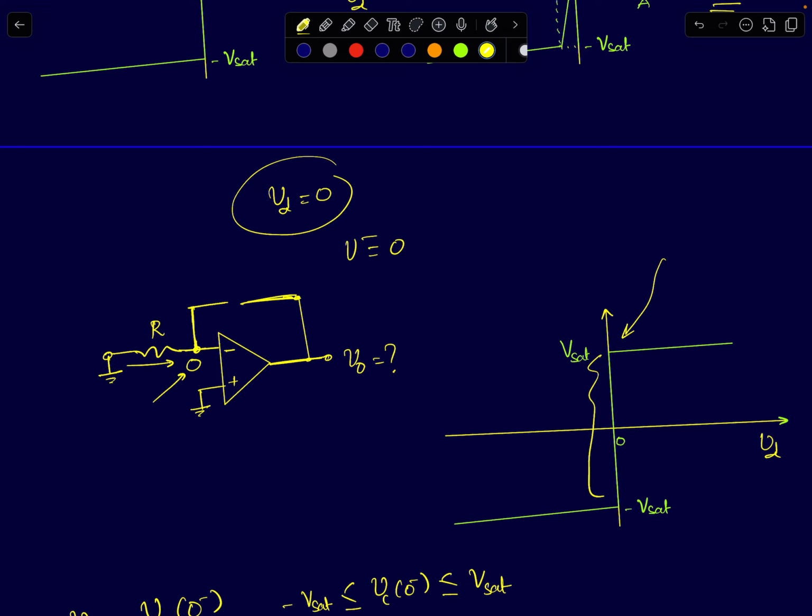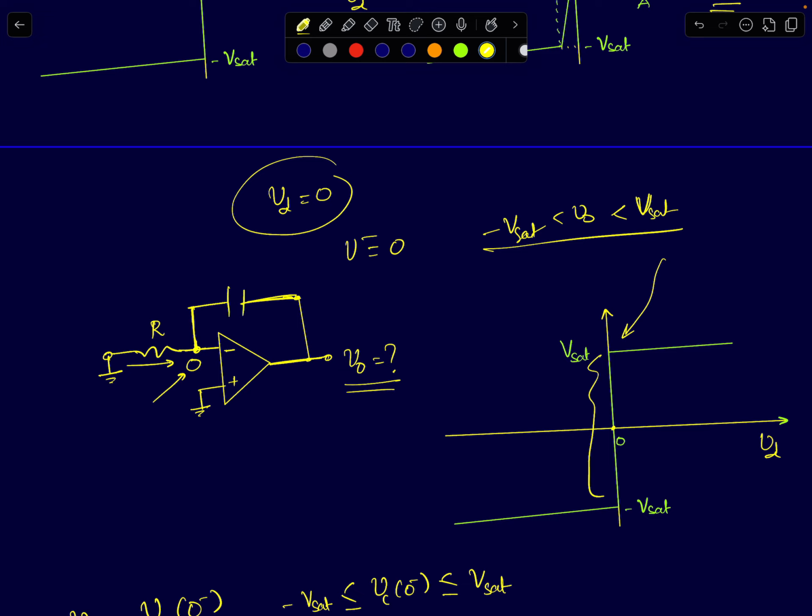You can't precisely say what my output voltage will be. It can be any value between minus Vsat and plus Vsat. So the answer here is that we simply cannot say. It's not determined.